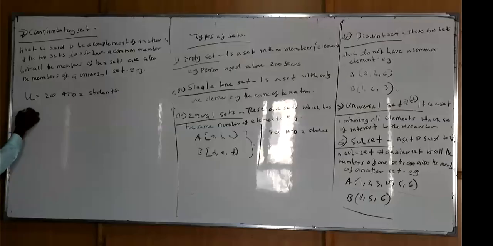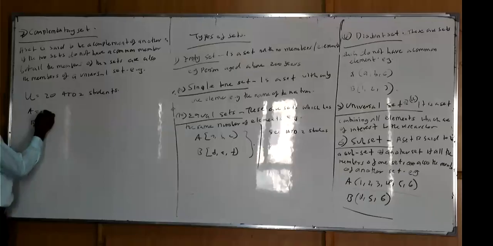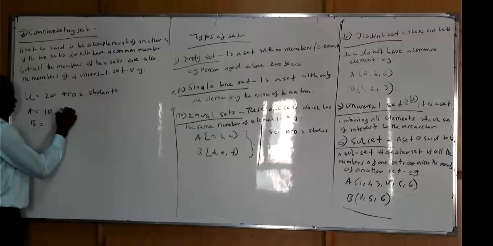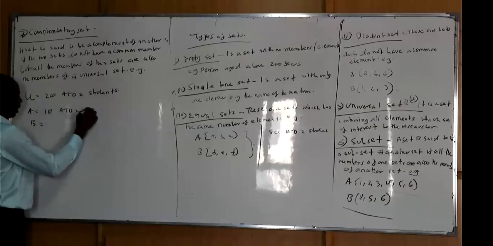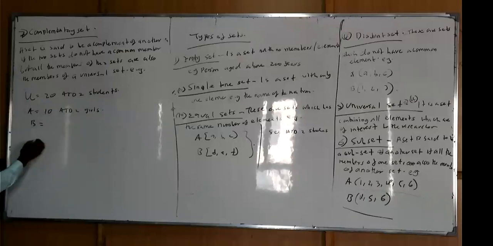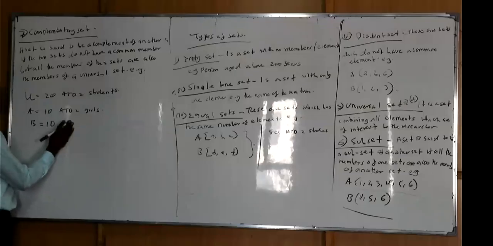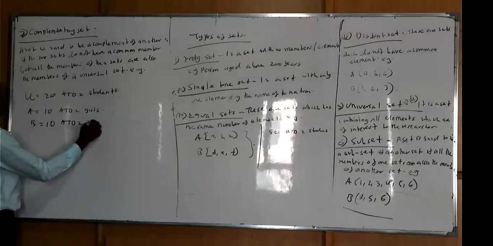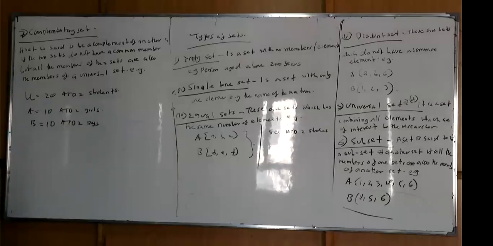Then we come to set A and set B. Set A: KCE college has 10 ATD2 girls. Then set B: KCE college has 10 ATD2 boys. So no members in A are in B, but all of these are contained in the universal set.